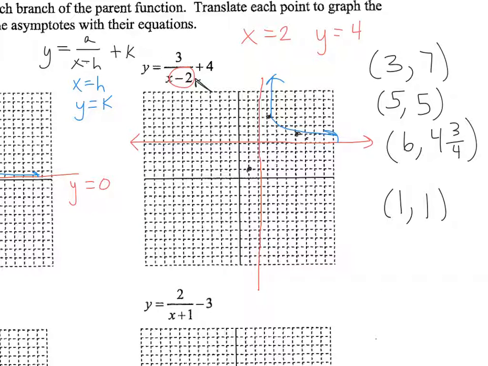I'll plug in 0. 0 minus 2 is -2, -3/2 plus 4 is 2.5. So 0, 2.5. And I'll plug in -1. If I plug in -1, I'm going to get 3. So -1, 3. And then I'm going to connect it and make a blue curve.